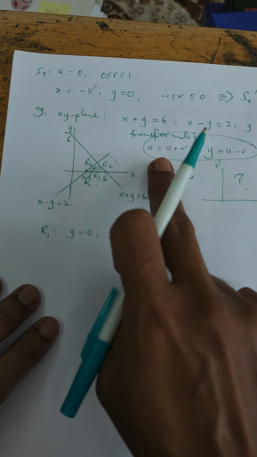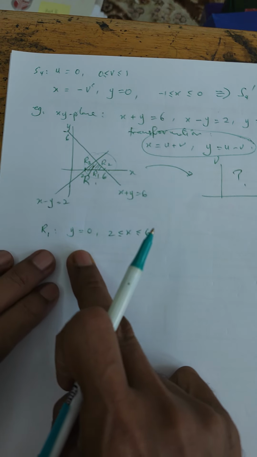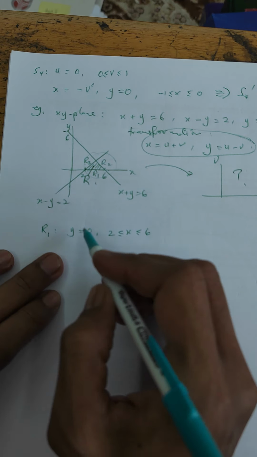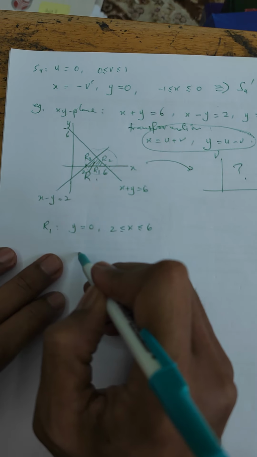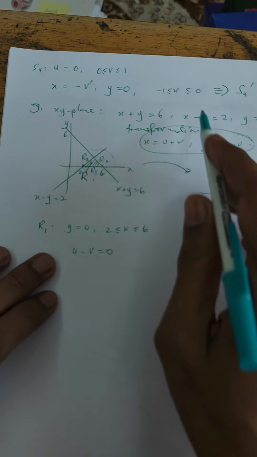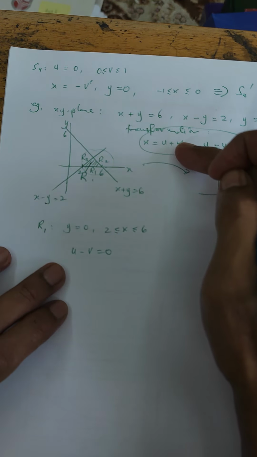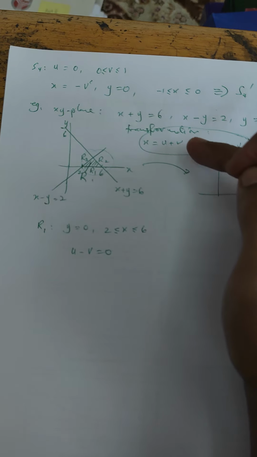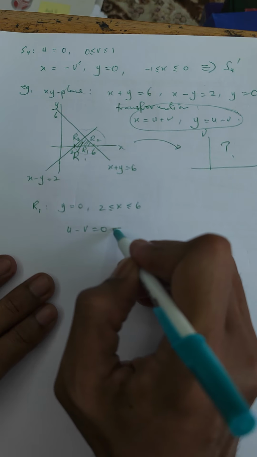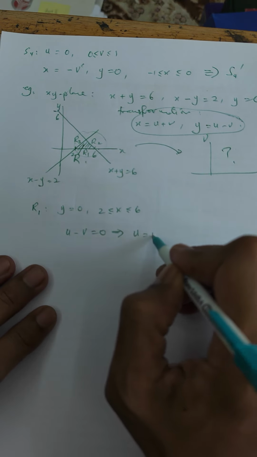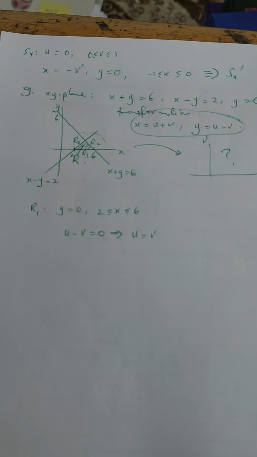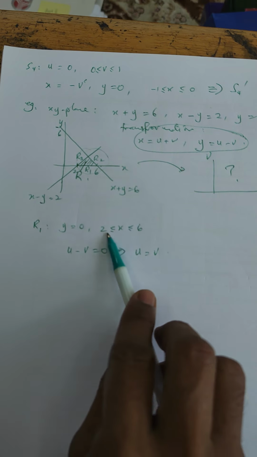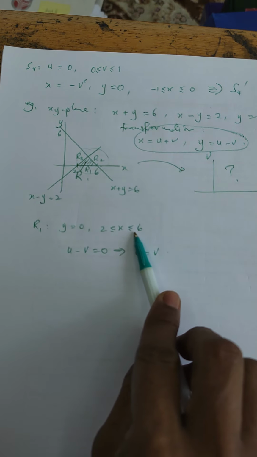Under the transformation, y equal to 0 gives u minus v equal to 0, so u equal to v, and x from 2 to 6.